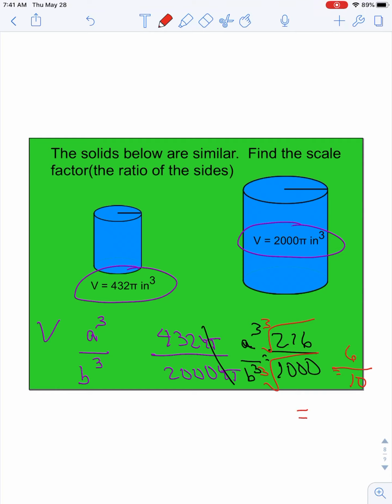So my side ratio actually is 3 to 5. Another thing you could do is I would just try to take the cube root of something that you recognize. All right, so that's kind of the basics.